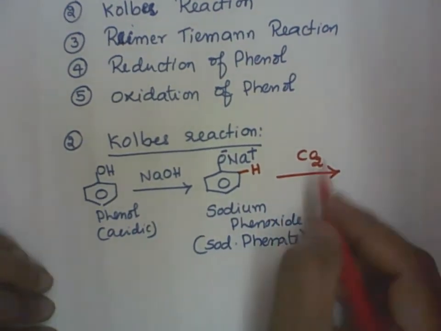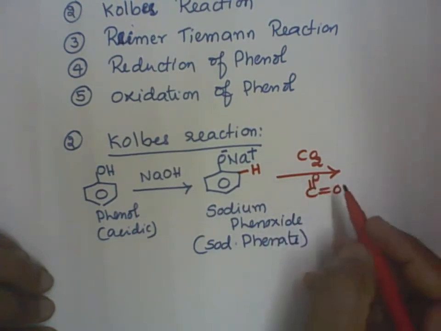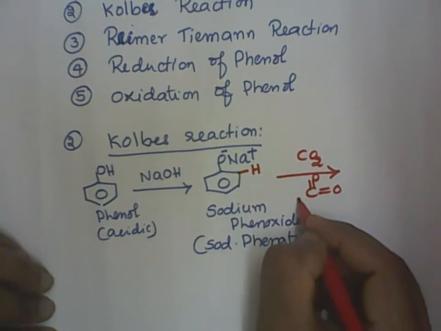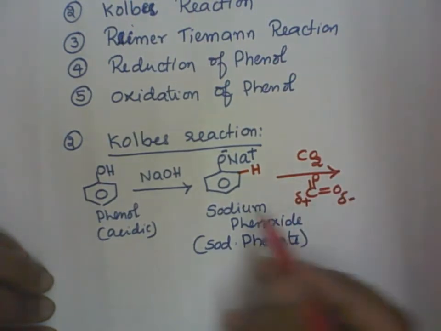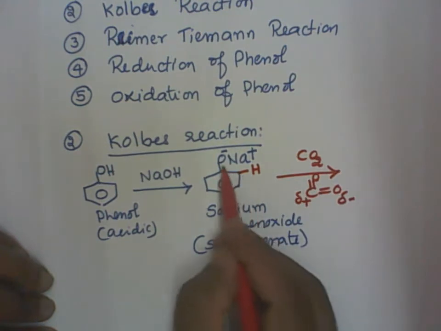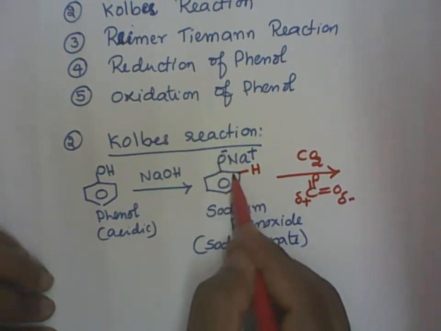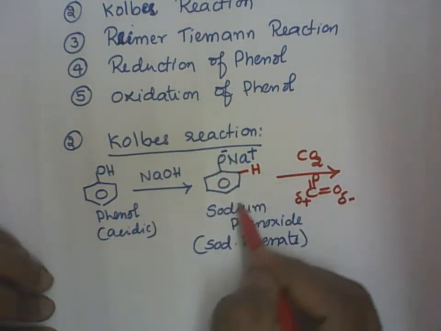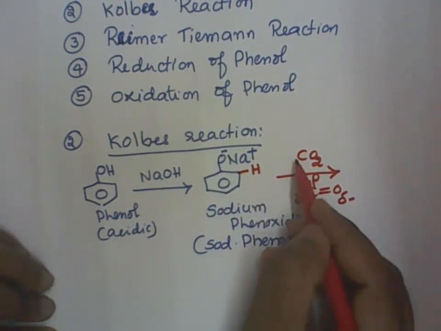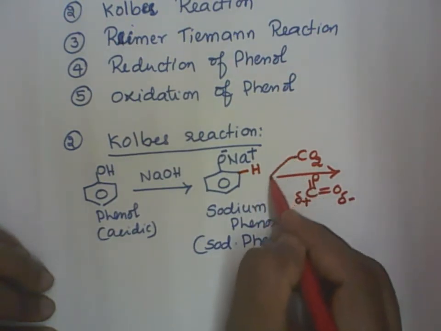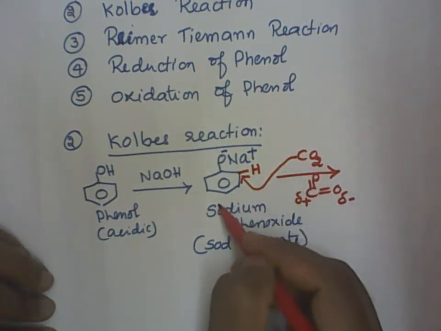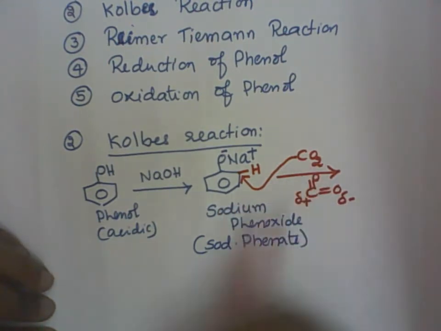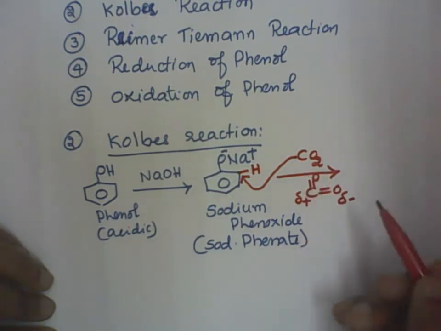Carbon dioxide is a gas, O double bond C double bond O, correct? Between carbon and oxygen, carbon is electropositive, oxygen is electronegative. Therefore, the negative charge during delocalization attacks the carbon atom. So the carbon will be attached to the ortho position. There is a possibility of the para product also, depending on the temperature. So I'll be writing now the ortho product.